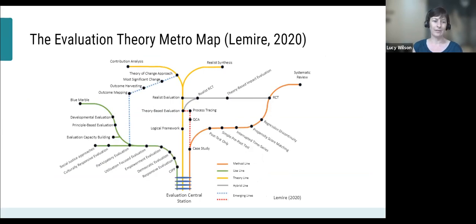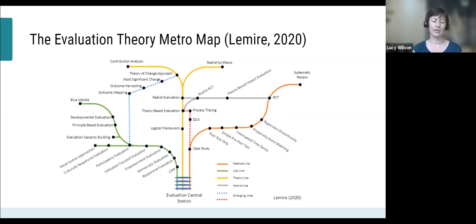So this is a rather complicated mapping of various types of evaluations. It's supposed to depict a bus map with different lines leaving a central station and going out in different directions. Overall, it has way more going on with it than we need to digest, but the idea is that different types of evaluations have different purposes depicted by the bus lines.